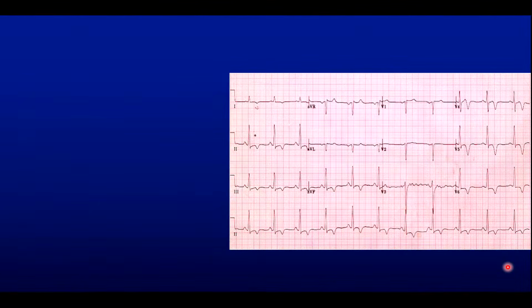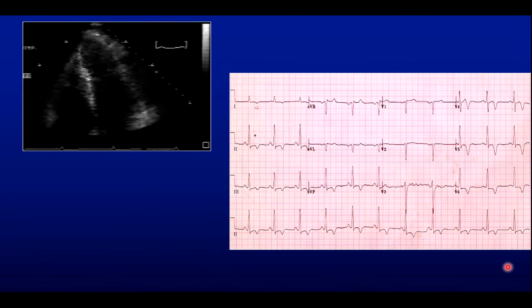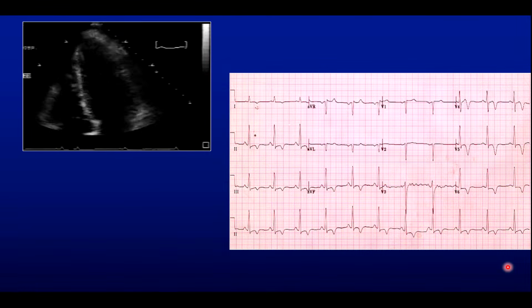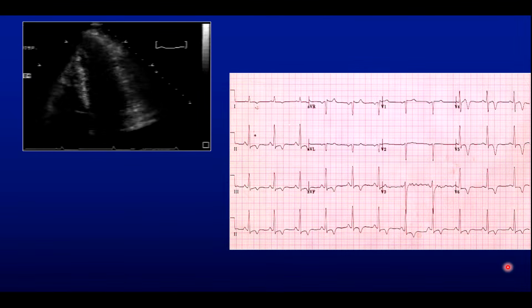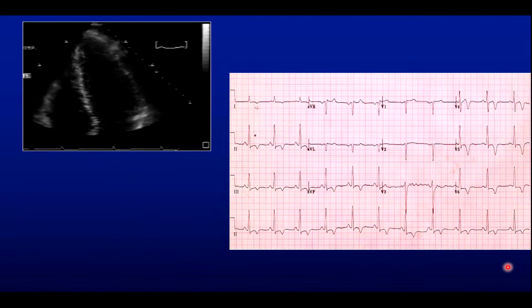This is a patient who had chest pain, and this is the EKG. So obviously the question is, is it an acute event? And here you go, that's your echocardiogram. Maybe some wall motion abnormality in the apex.